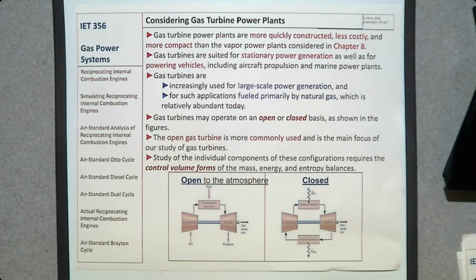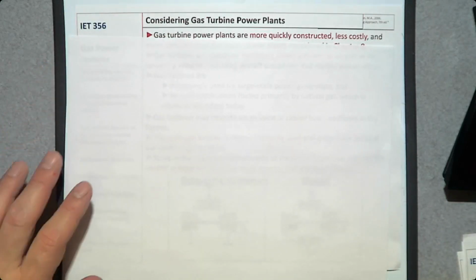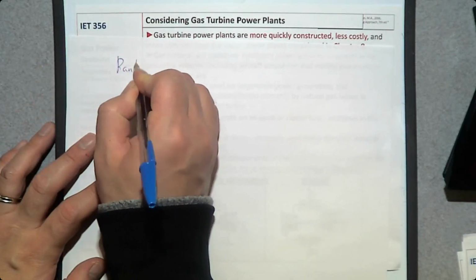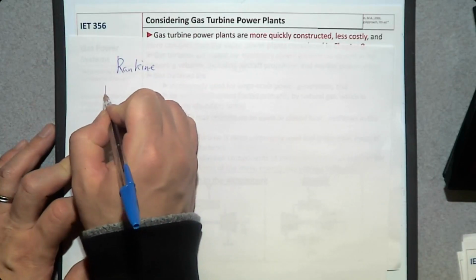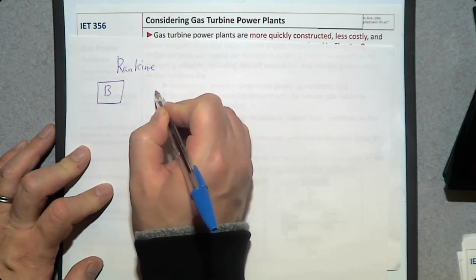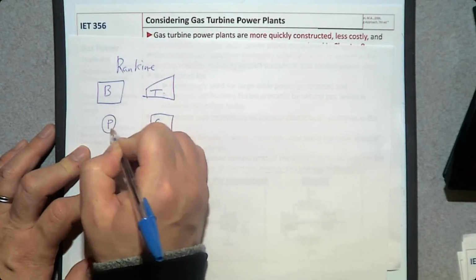In that case, the Rankine cycle consists of boiler, turbine, condenser and pump.